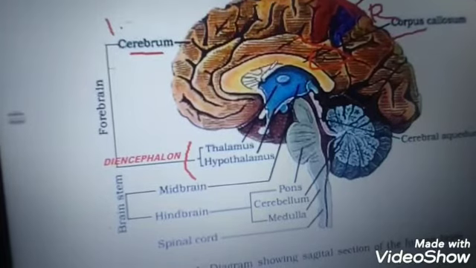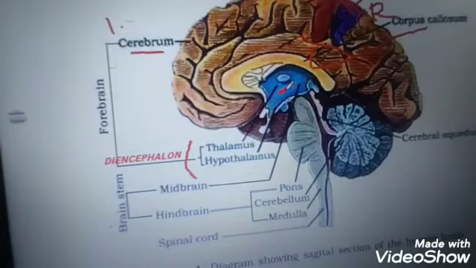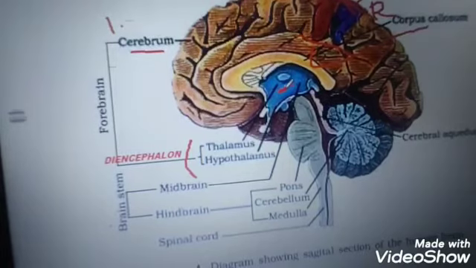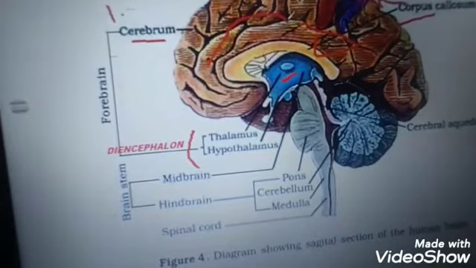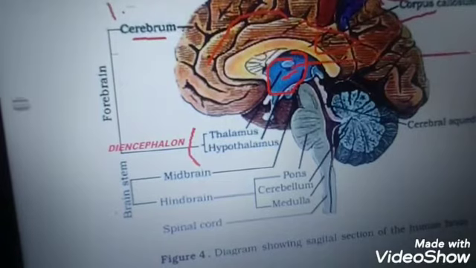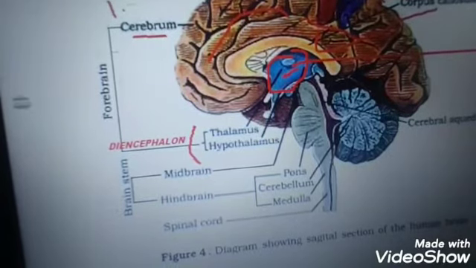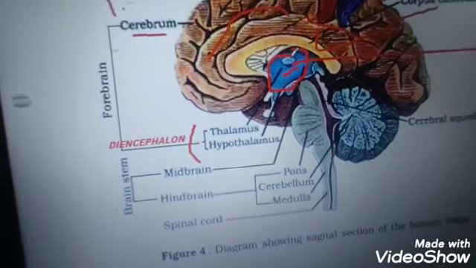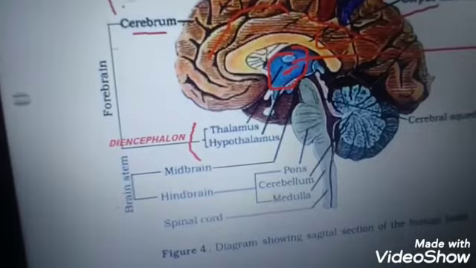Now let's move on to the thalamus. The thalamus is covered by the cerebrum. The thalamus is the main coordinating center for sensory and motor signaling.